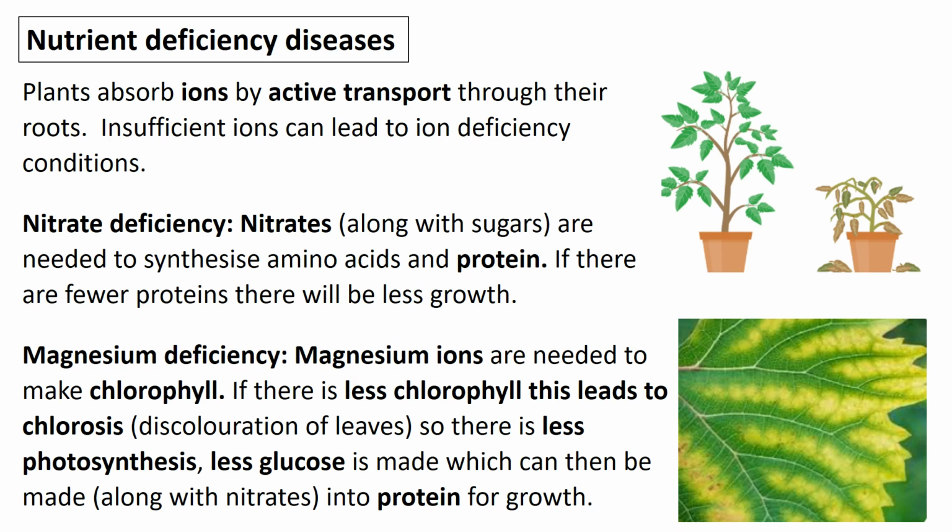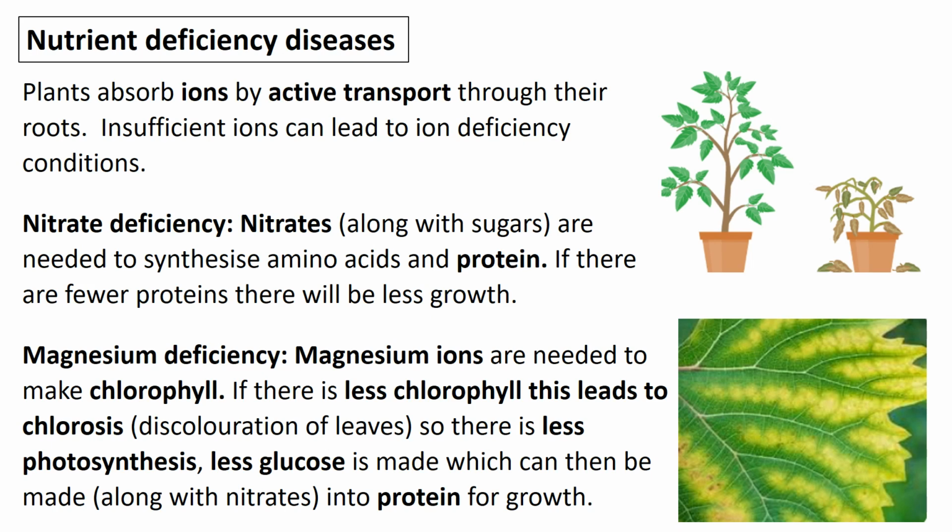So with a nitrate deficiency, if you don't have nitrates, then you cannot synthesize amino acids, therefore you can't make proteins. And if there are fewer proteins, there will be less growth. So one of the symptoms of nitrate deficiency tends to be smaller growth of plants. If you've got a magnesium deficiency, though, the magnesium ions are needed to make chlorophyll. And chlorophyll is the green pigment that captures light for photosynthesis to happen in chloroplasts.